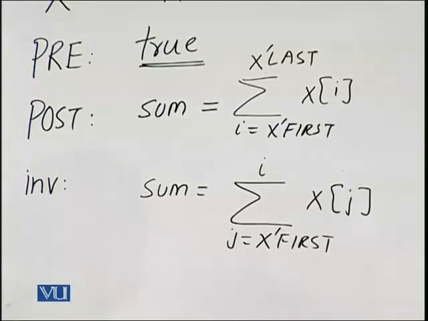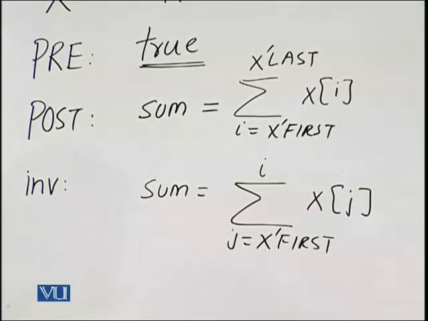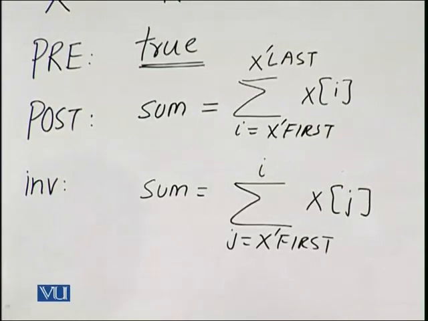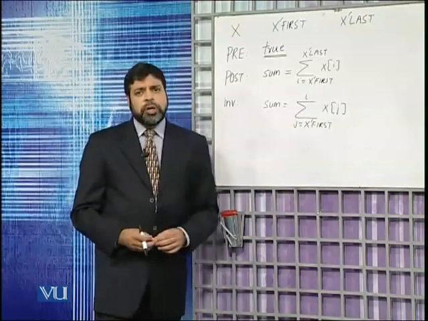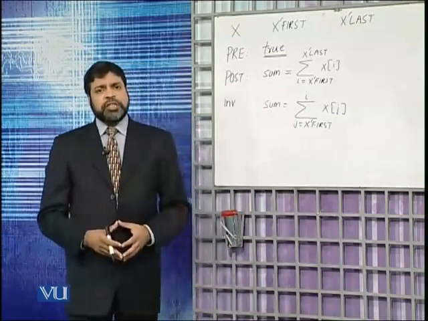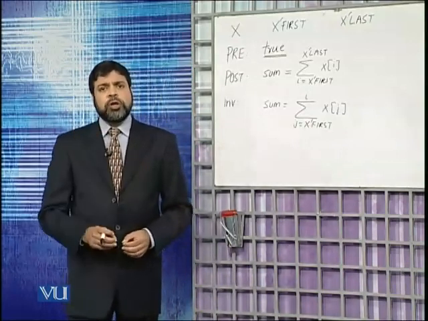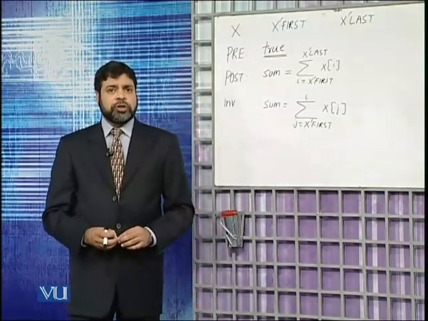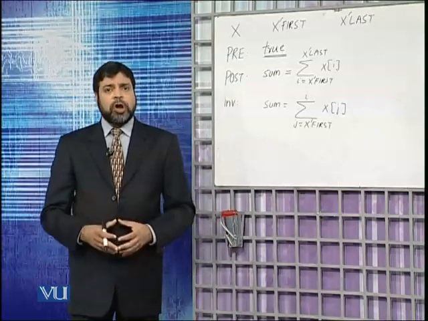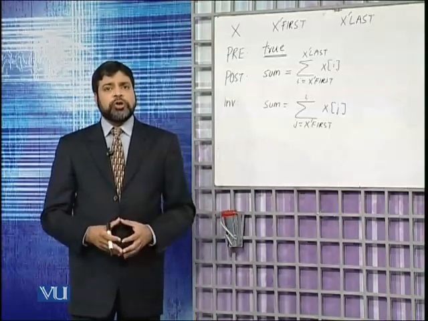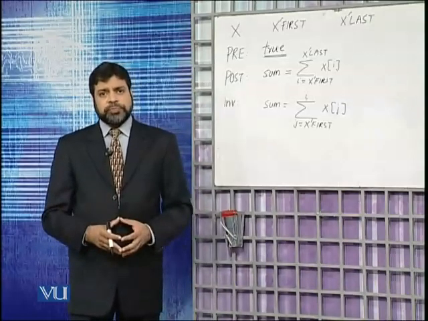The more interesting cases are the bound function and the done condition. So what are the bound functions? Bound function, as I already mentioned, gives you an upper bound on the number of iterations of the loop. How many times this loop is going to be executed.